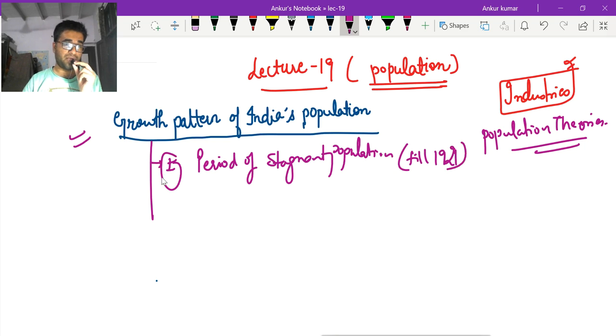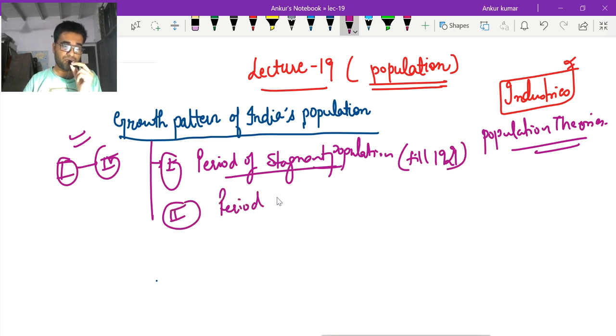We will study this growth in four phases, 1 to 4, right? So we are starting with the first phase, called the period of stagnant population, and the second phase is the period of slow population growth.